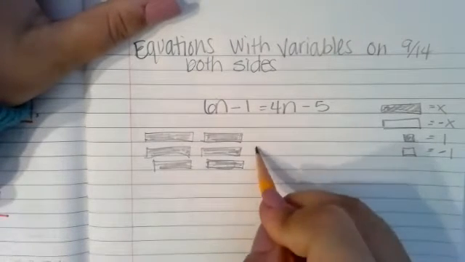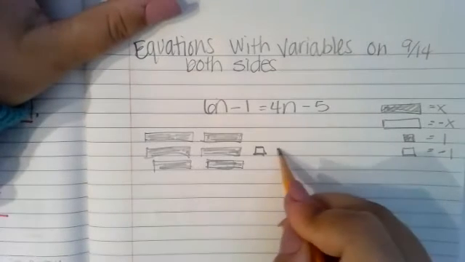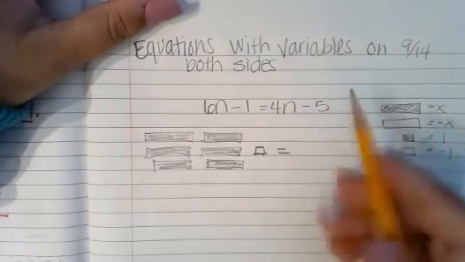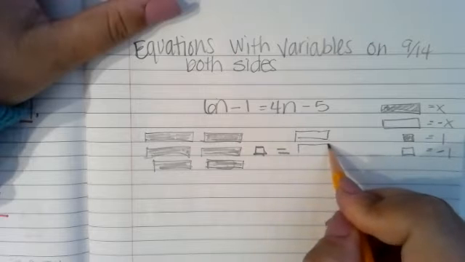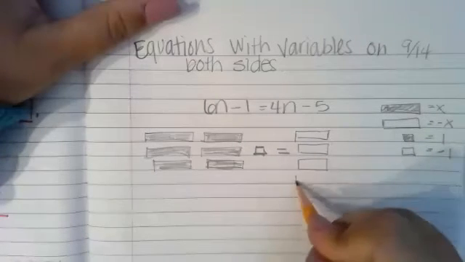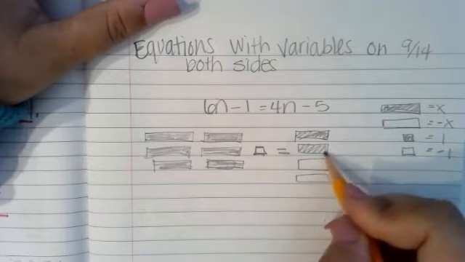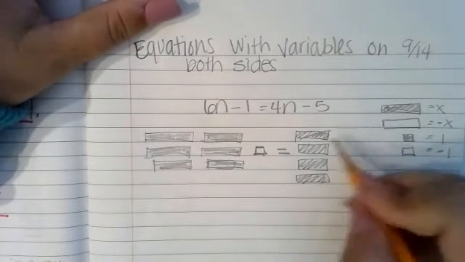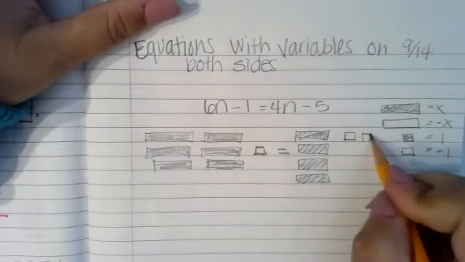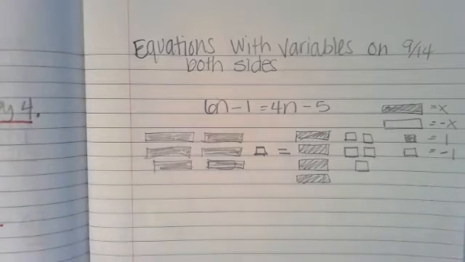I have a negative 1, so I draw out a negative 1. On the other side, I need to draw out 4 n's: 1, 2, 3, 4. Those are shaded again because they are positive. And then I have 5 negatives: 1, 2, 3, 4, 5. There's my problem drawn out in algebra tiles.